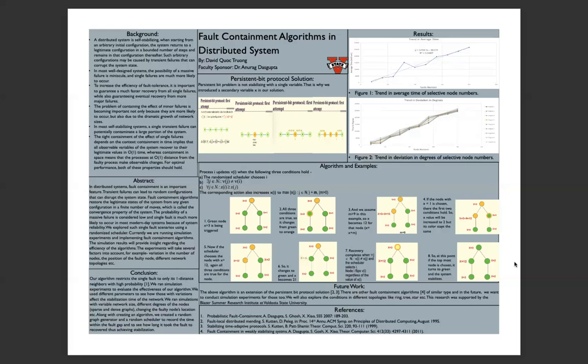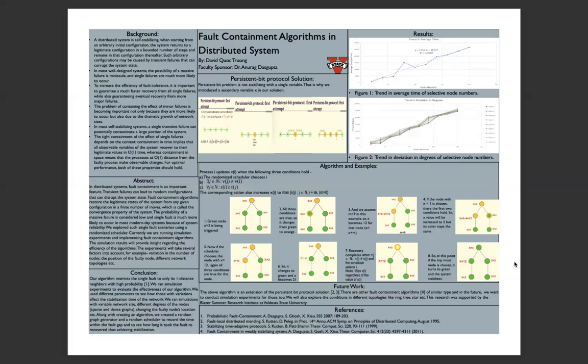So this will go on until the fault node becomes the local leader and turns true, which is green, and thus we reach stabilization. Again, our job is to report the time within the fault gap.